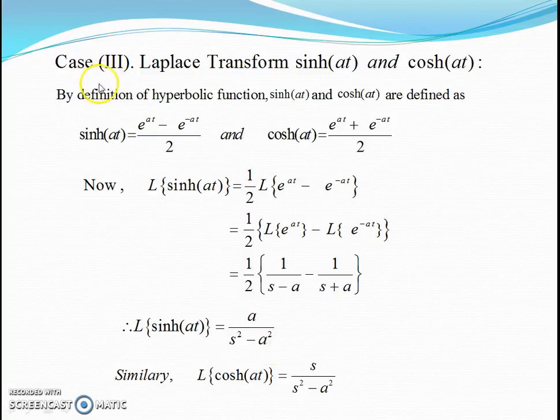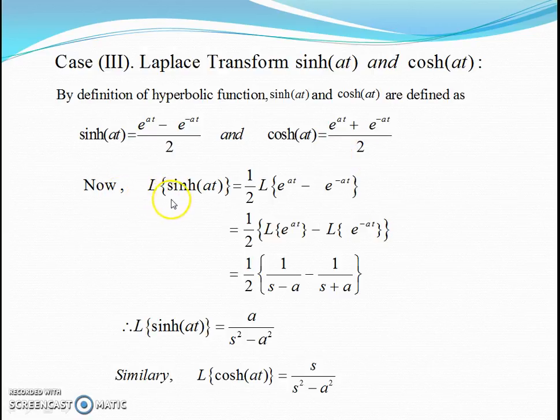Case 3. Laplace transform of standard functions hyperbolic sin at and hyperbolic cos at. By definition of hyperbolic functions, hyperbolic sine at is defined as e to the power at minus e to the power minus at upon 2, and hyperbolic cos at is defined as e raised to at plus e raised to minus at upon 2.